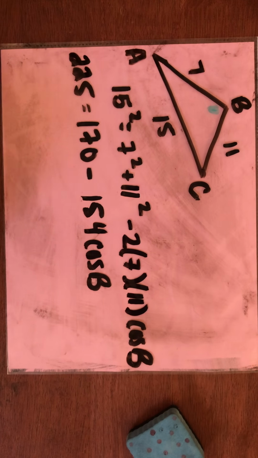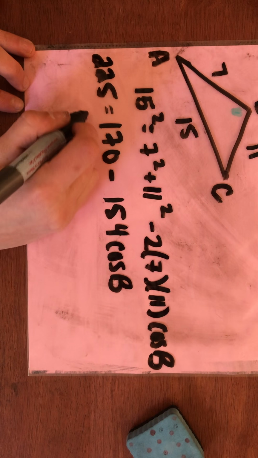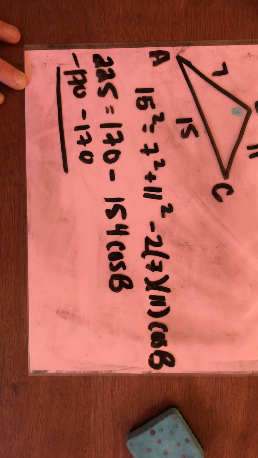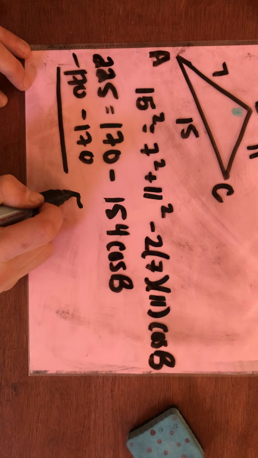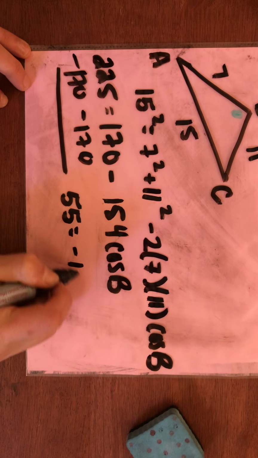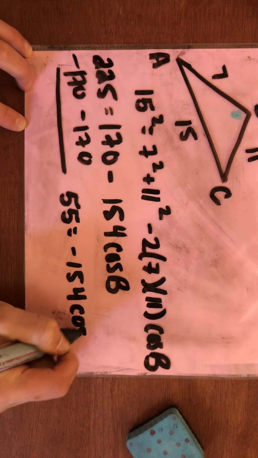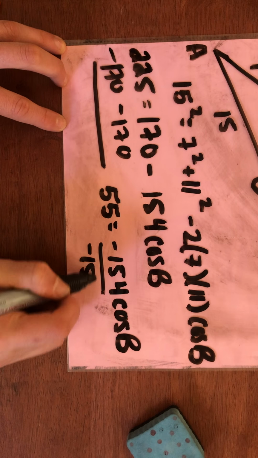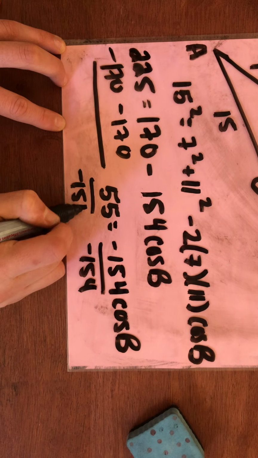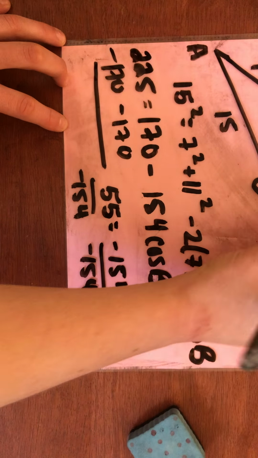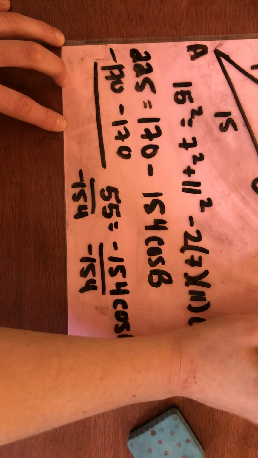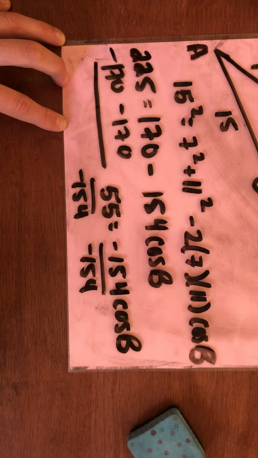Now we just do some algebra. I'm going to subtract 170. I get 55 equals negative 154 cosine B. Divide by negative 154, and so I get cosine B equals 55 over negative 154. Now we're going to take the inverse.